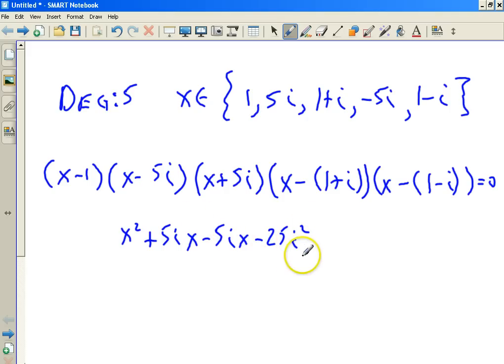What is i squared really? Negative 1, so that's positive 25. So don't I get x squared plus 25 like I said? Yes. Remember, to factor the sum of 2 squares, you use complex conjugates. When they said last year that you can't factor the sum of 2 squares, they lie. Liars! They always lie.